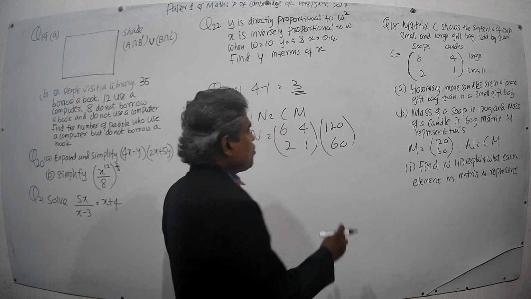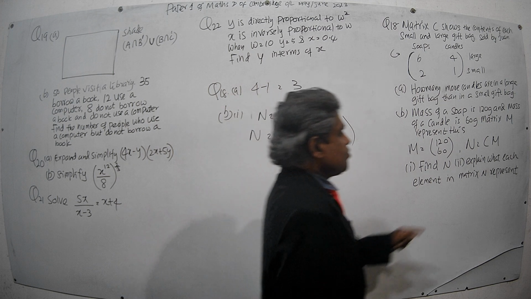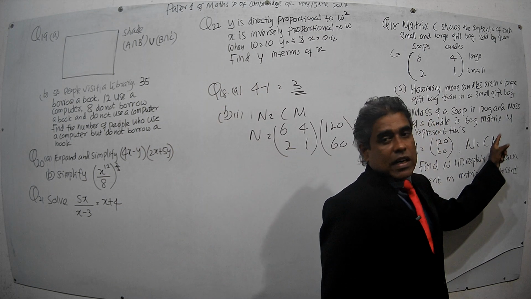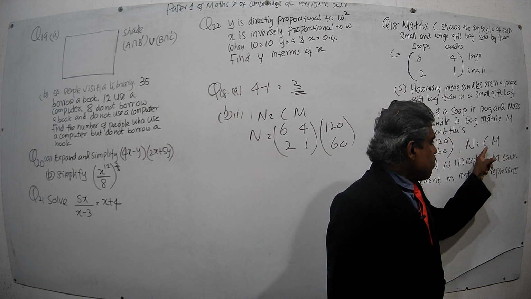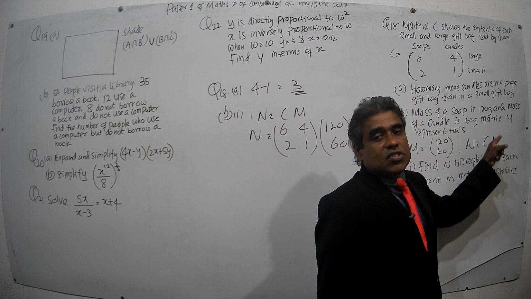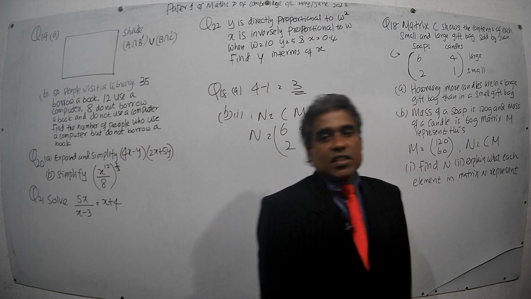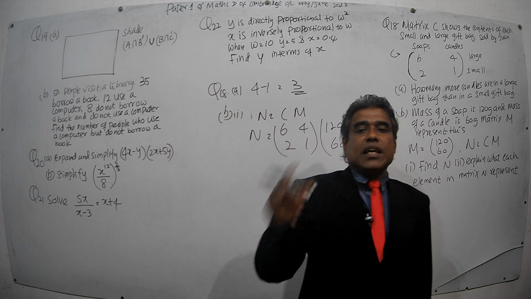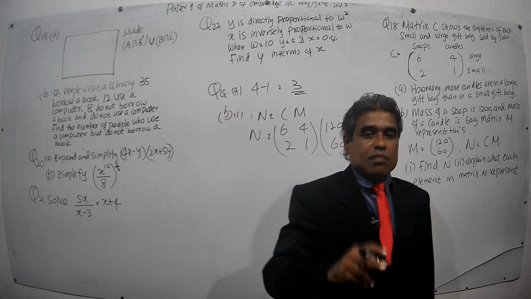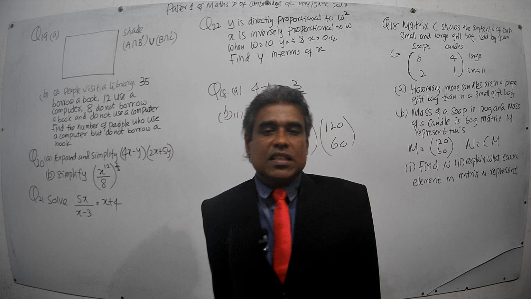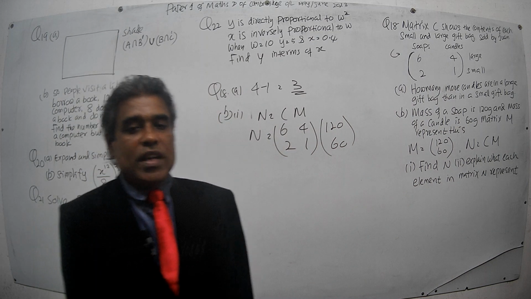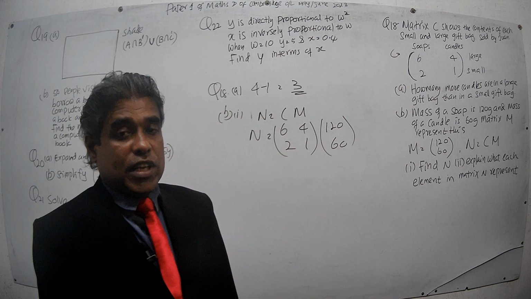If you multiply C by M, you get one matrix. If you multiply M by C, the answer is different from C by M. Matrix C into matrix M is one answer, and matrix M into matrix C is another answer. That's why we say matrix multiplication is not commutative, right?